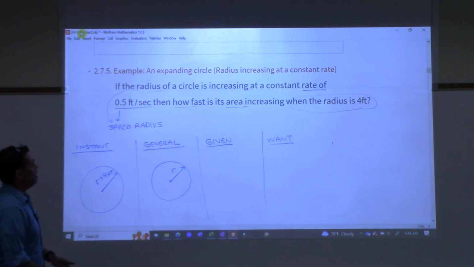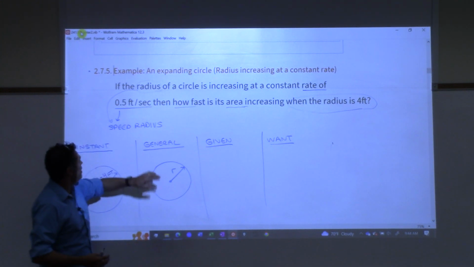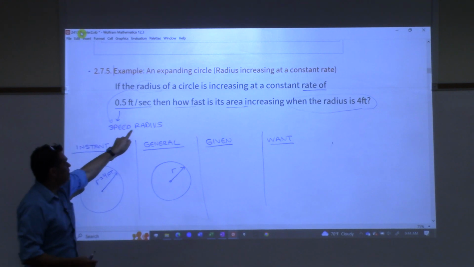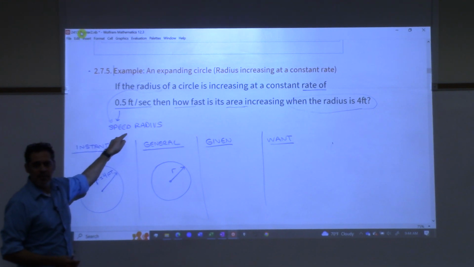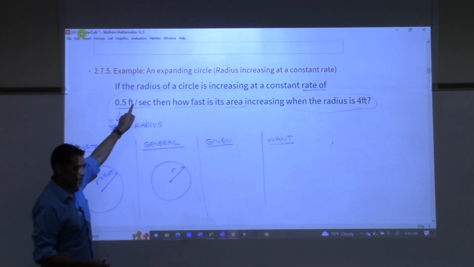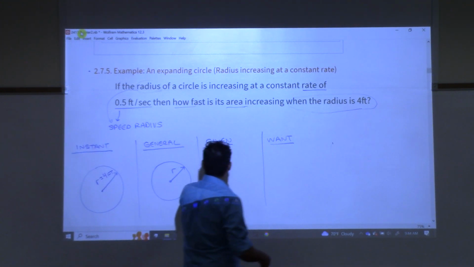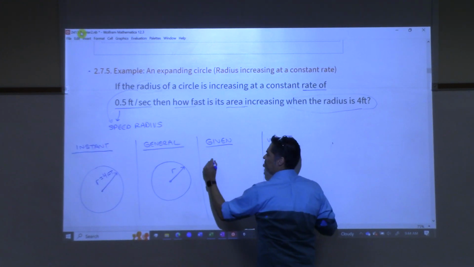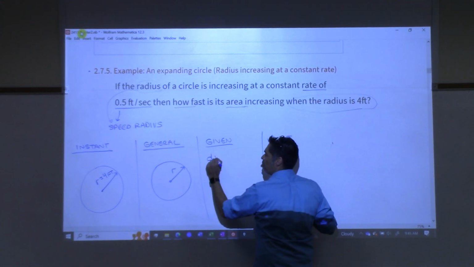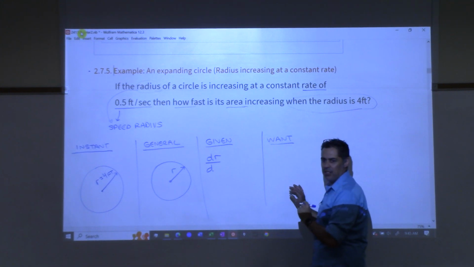All right, what I'm given in the problem, right? The only real numeric value I have here is this 0.5 feet per second. And that's the speed of the radius, and it is a distance over time, right? So here's the way I'm going to write this. I am given the speed of something, so it's the derivative. The derivative of the radius with respect to what?